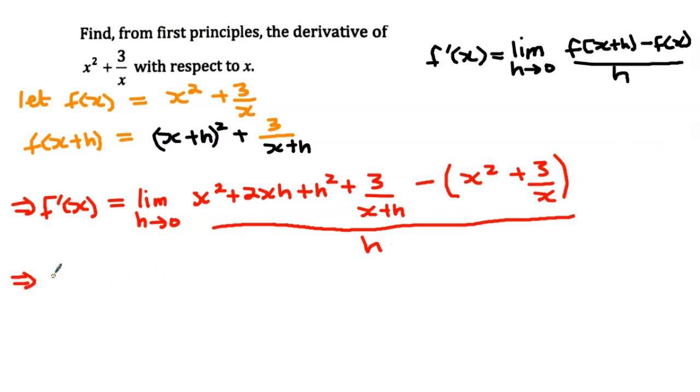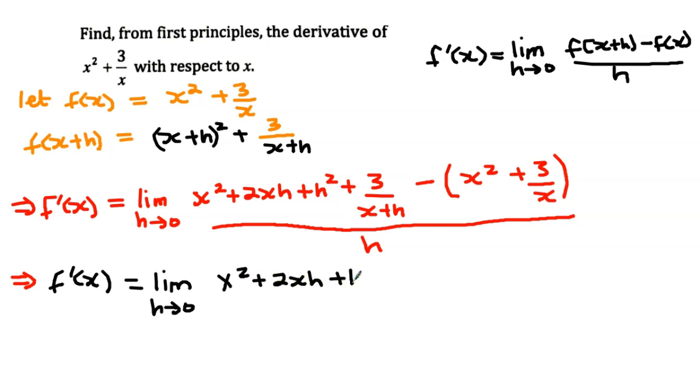This implies that the derivative of f of x is equal to the limit as h tends to 0, of x squared plus 2xh plus h squared plus 3 on x plus h minus x squared minus 3 divided by x, all over h.